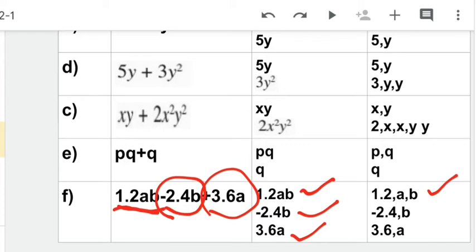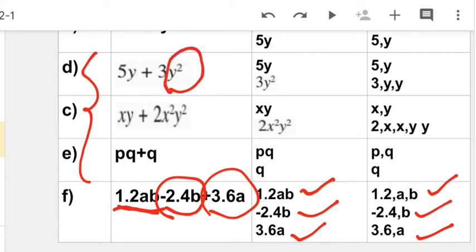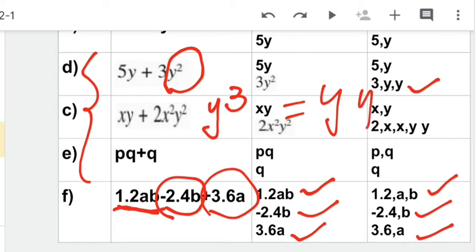The factors of minus 2.4b are minus 2.4 and b, and the factors of 3.6a are 3.6 and a. Okay. Now you can see the other parts also, and I hope this is very clear to you all. Where we have a square power, there we have to put the same variable 2 times, and where we have a cube power, we have to write it 3 times.